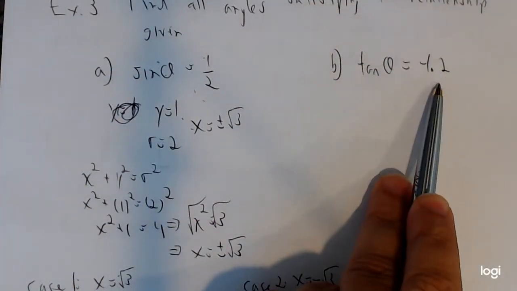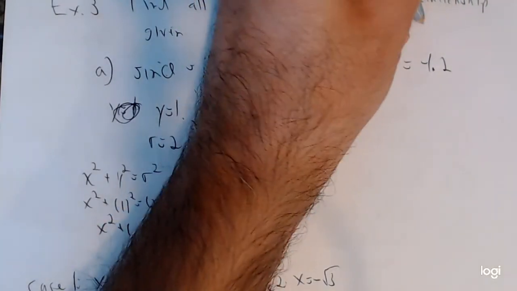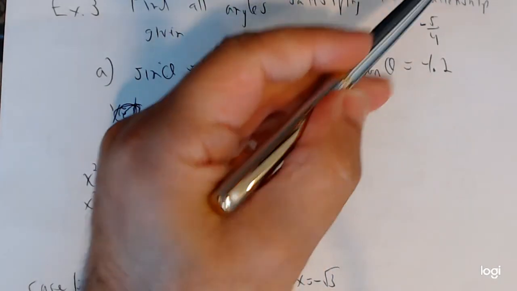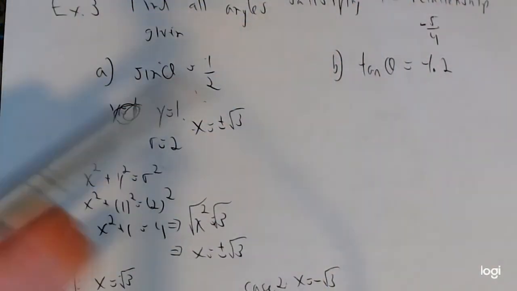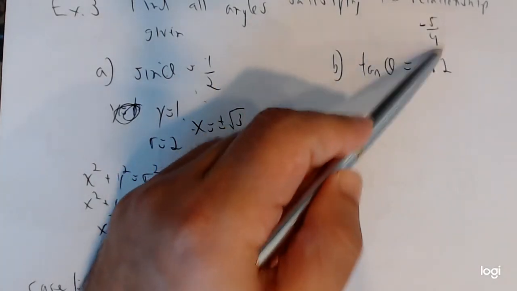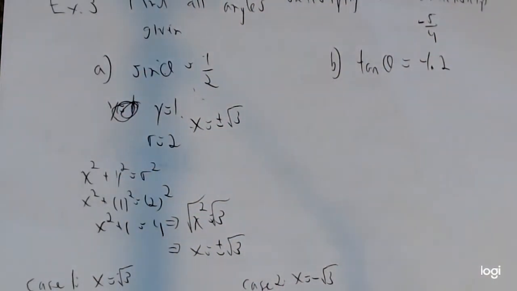Now negative 1.2 is negative 5 over 4 if I write it as a fraction. The 30, 60, 90 and 45, 45, 90 triangles none of them created sides that had 5 and 4 in them. So that is an indicator that we have to use our calculator.